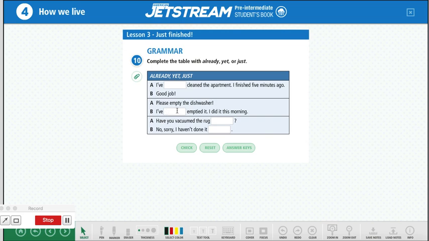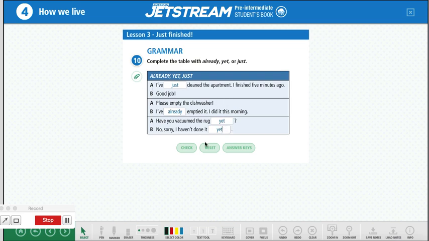What could it be? Maybe already. Yes, because yet is at the end. So in questions and negative, what is it? Yet, right? Have you vacuumed the rug yet? That's the idea. I am sorry, I'm tired of speaking. So just, excellent, already, and yet. You can memorize the answers.